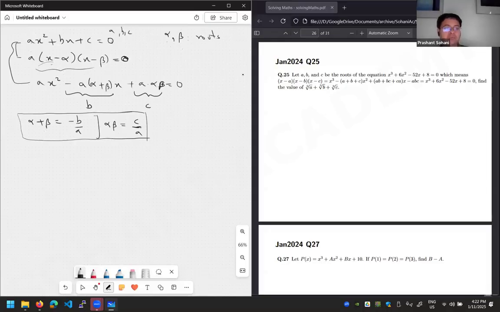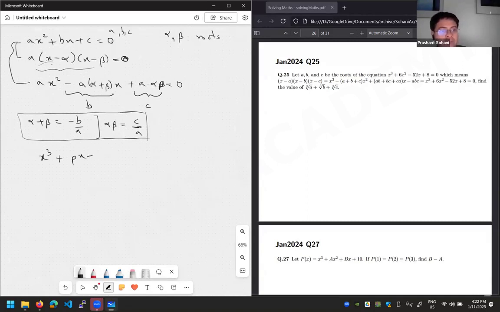So the same thing can be extended to other polynomials also. Like for example, in this case, question 25, we have a cubic polynomial. So if I have a polynomial, and for simplicity, let us assume that the coefficient of the leading term, the x cube, is 1. Otherwise, you can always divide the whole polynomial by that coefficient to get it to be 1. Okay.